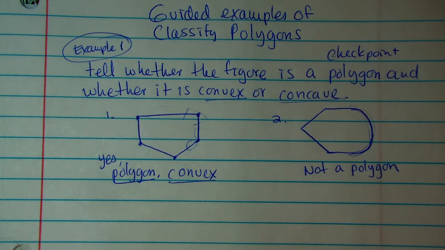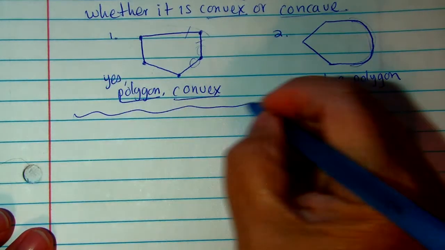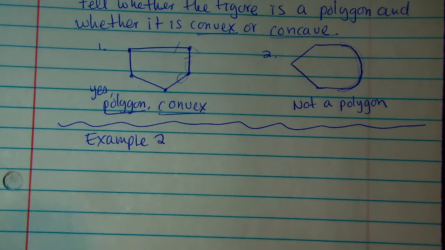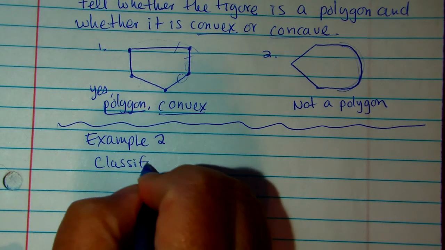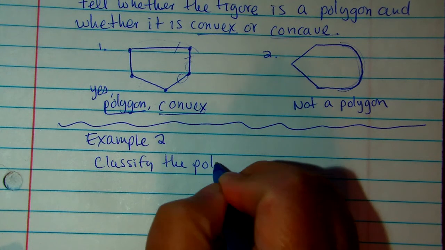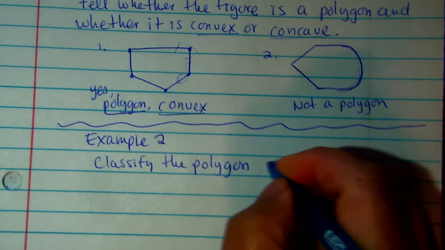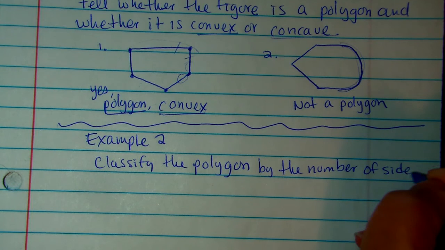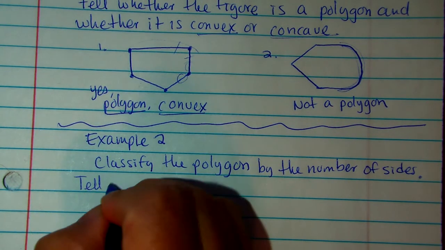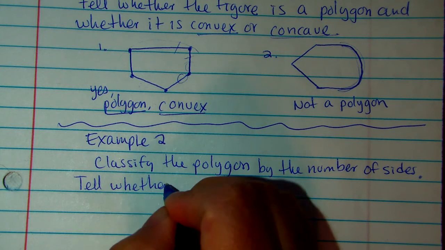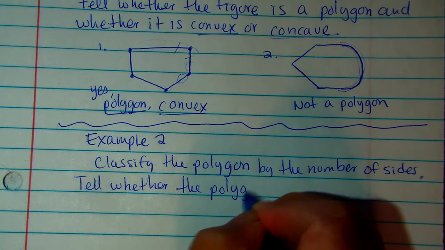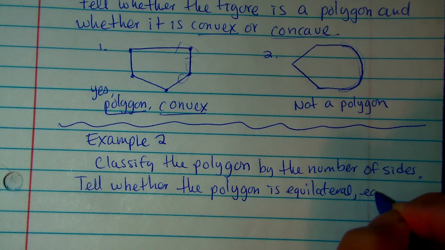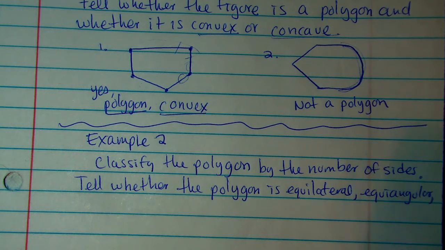Now let's go to example number two. It says, classify the polygon by the number of sides, and then we have to tell whether the polygon is equilateral, equiangular, or regular.